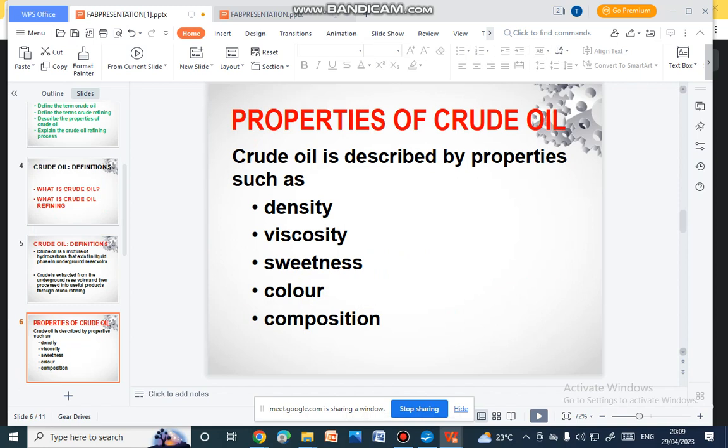And some of the properties that are used to differentiate crudes include density, viscosity, sweetness, color, composition, among other properties. Let us look at each of these properties.